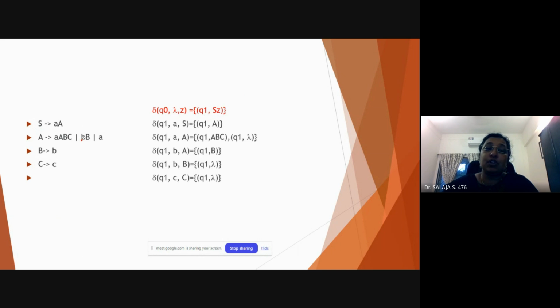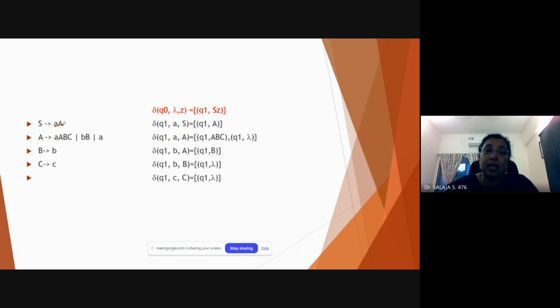Then, for the conversion of all the transitions with respect to the productions, every input and output state will be Q1. And how do I form the input parameter? Q1 is the input state. The first character on the right hand side, the terminal, becomes the input alphabet, and the left hand side variable becomes the stack alphabet.